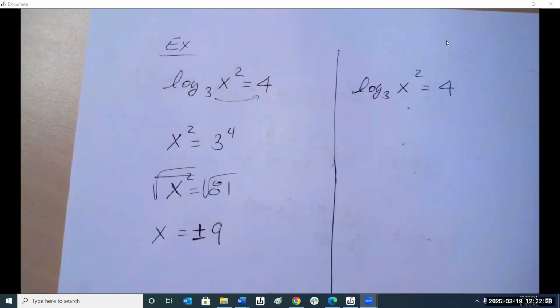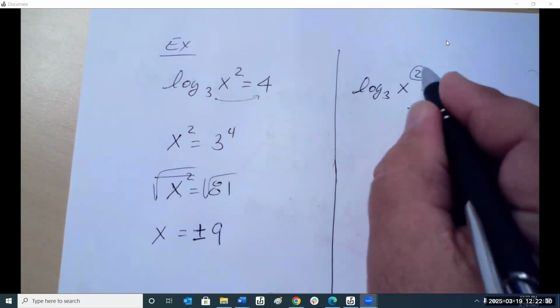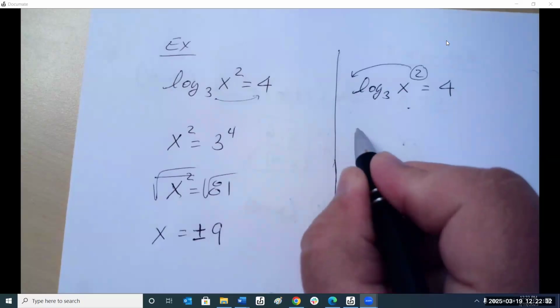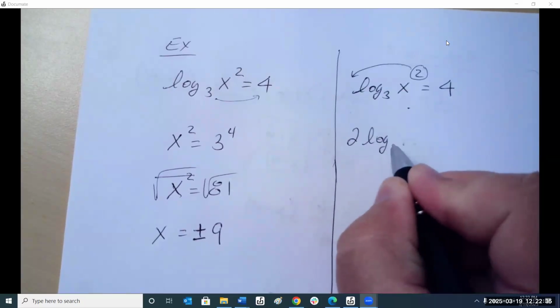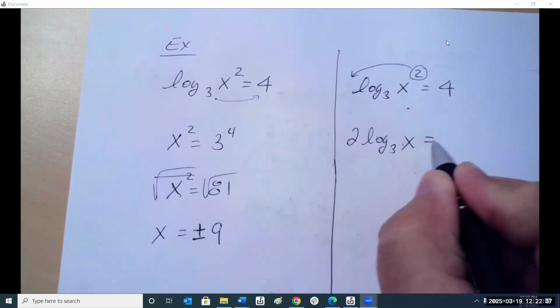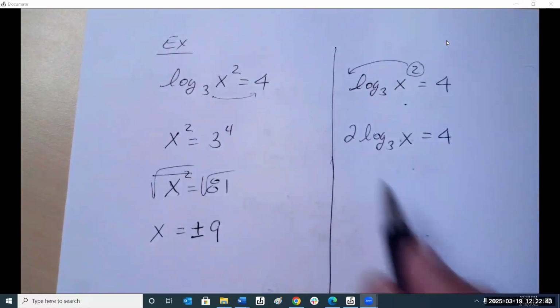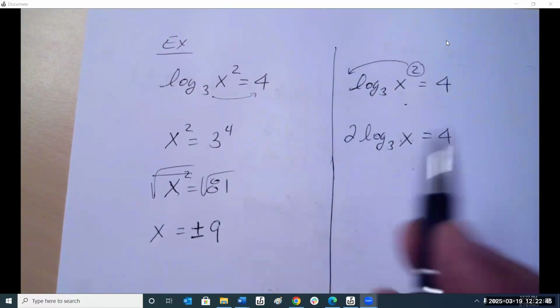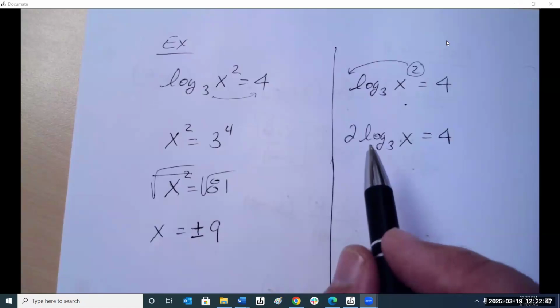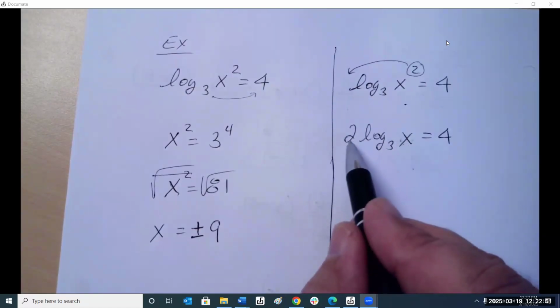Let's look at this other way. What if we get rid of the 2 first using the properties? Because our next step would be what here? We're solving for x. We have to get rid of the 2.